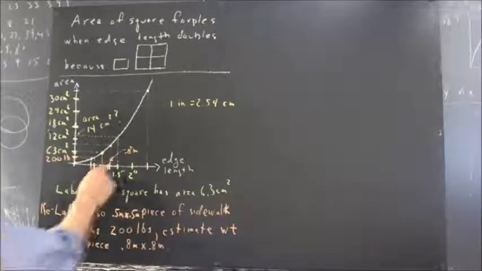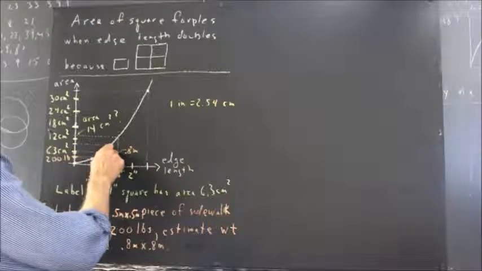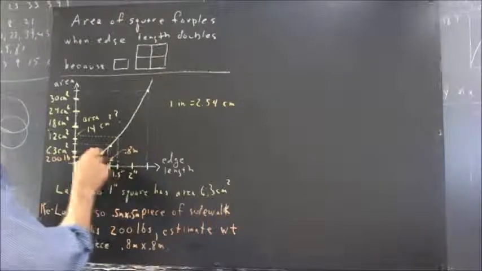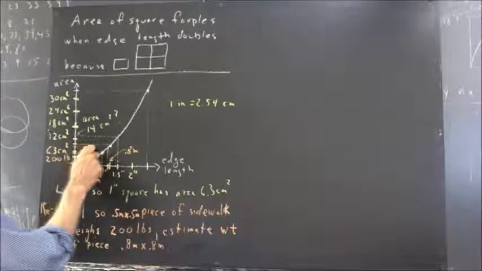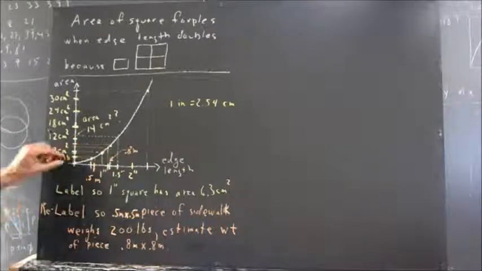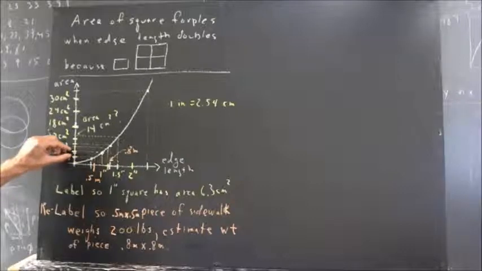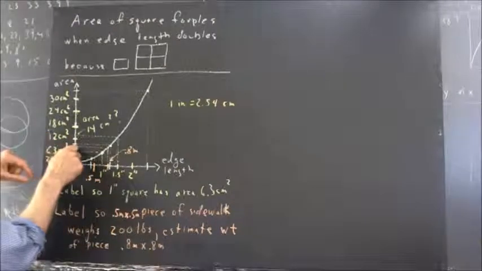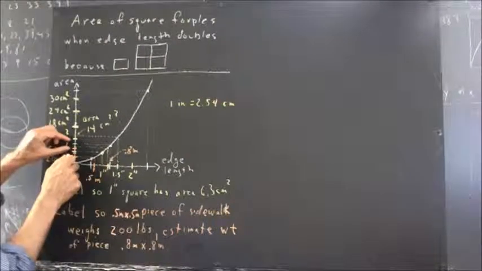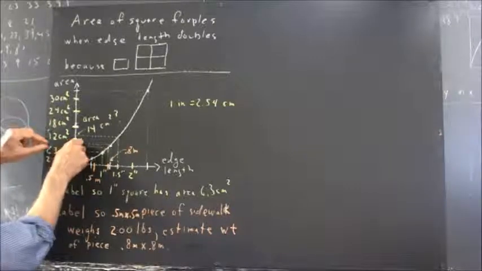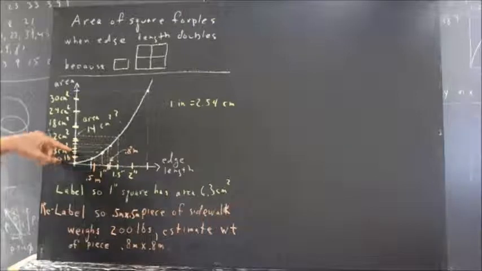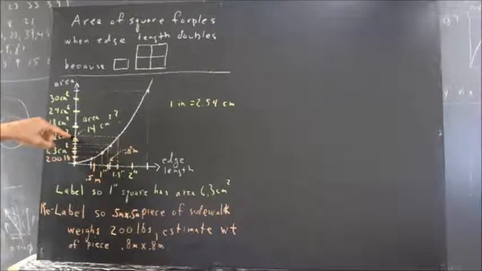But there's my 0.8 meters, and if I go up to the graph and across, of course I can scale the graph. If this is 200 pounds, then 400 is probably about here. 600 would probably be about here. I'm not going to label those numbers, but remember that's 400, that's 600.